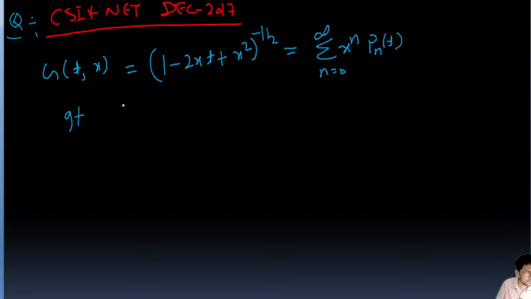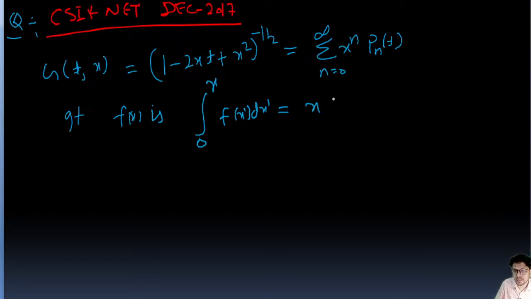And if f(x) is given as the integration from 0 to x of f(x') dx', this value is x g(1,x), which is a function of 1 and x, and mod x is less than 1.